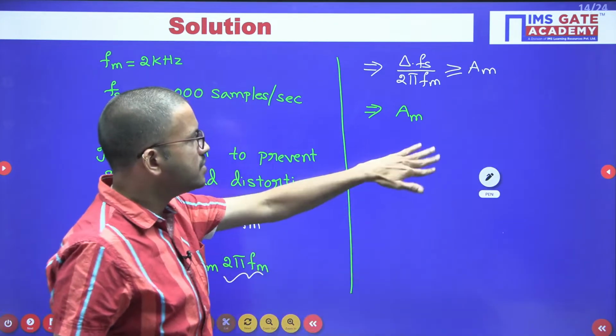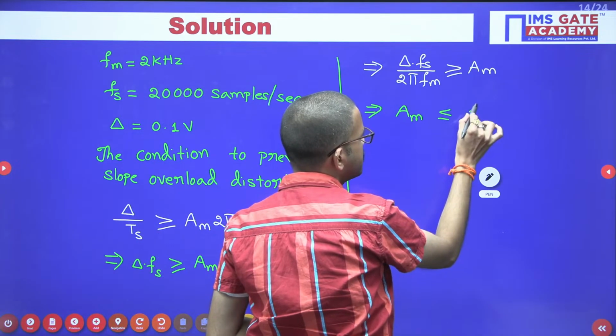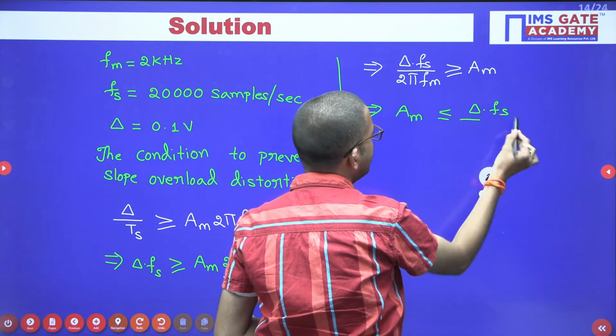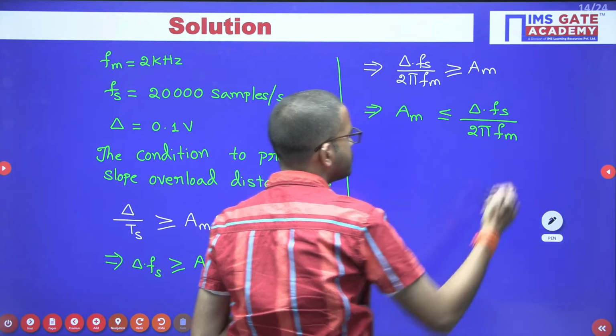That means AM is less than or equal to delta into Fs divided by 2 pi FM.